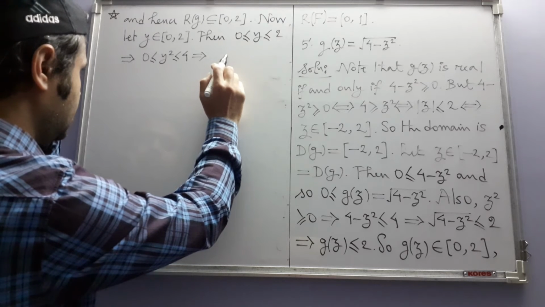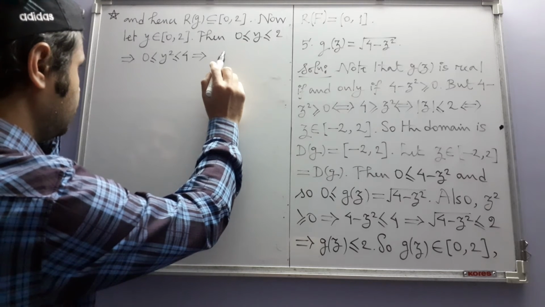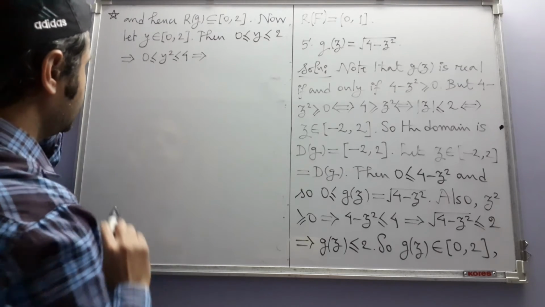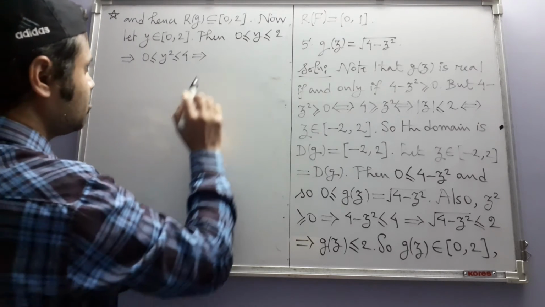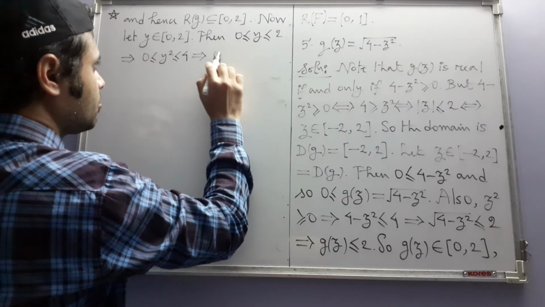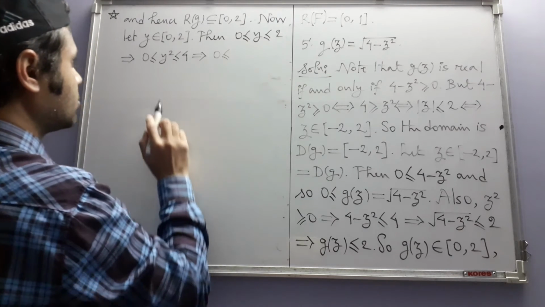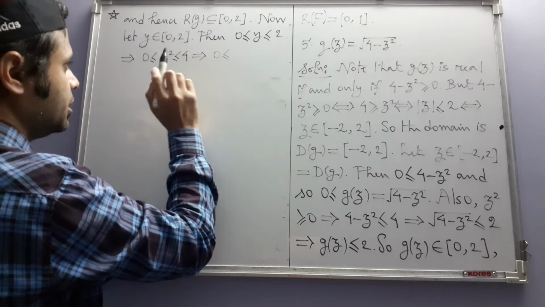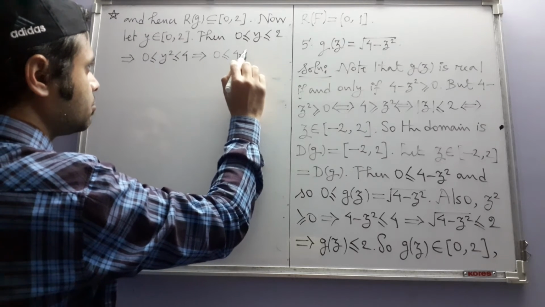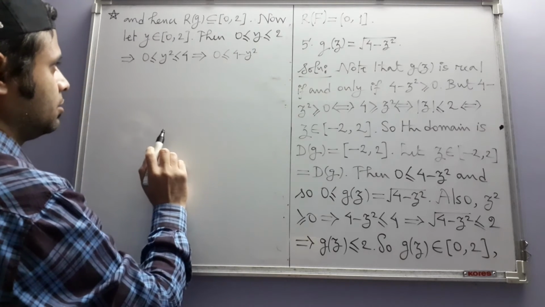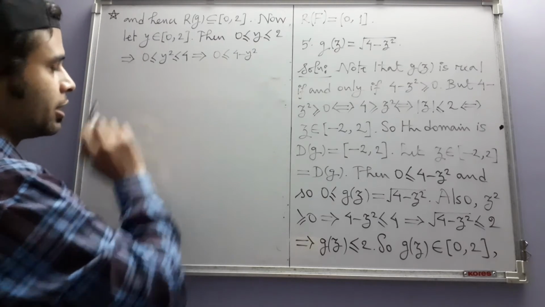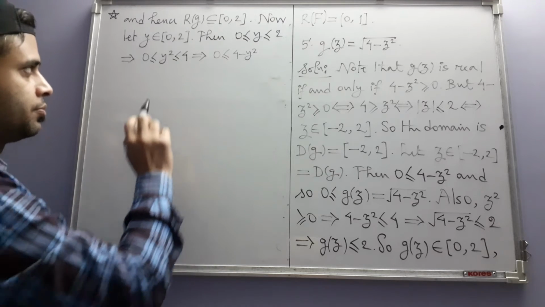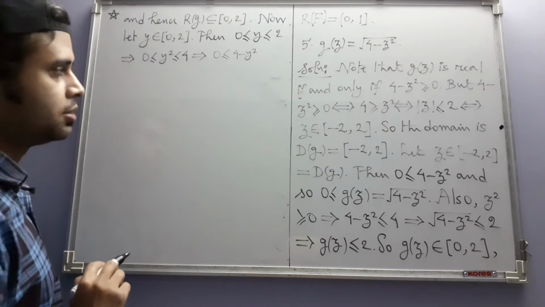What I am trying to say is that 4 minus y square. Okay, yes, from both the inequalities. From this second inequality, we get the fact that 4 minus y square is non-negative, because you can subtract y square from both the sides.